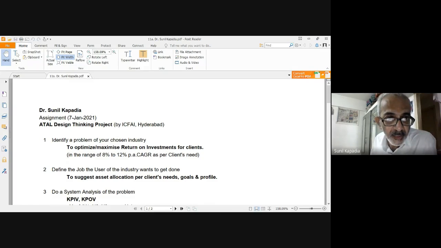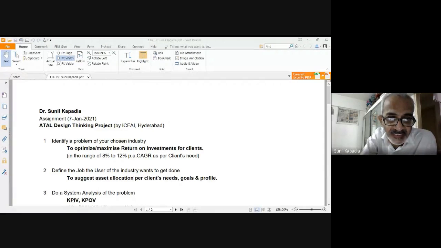It's like optimizing and maximizing returns on investment, generally looked for by most clients whenever they come to a planner. In doing so, one of our aspects is to give them a suggestion for the asset allocation according to the needs, goals, and profile, having understood them.